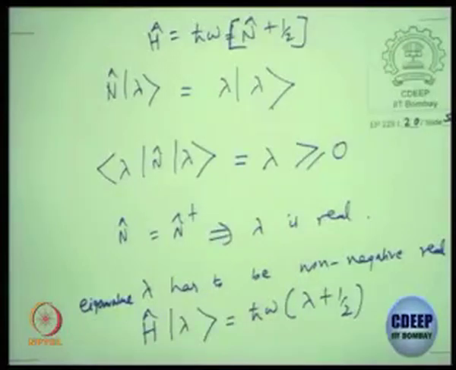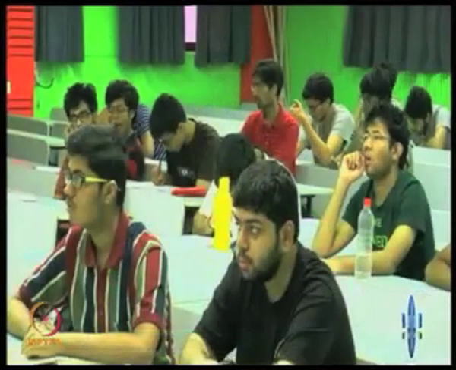We need to figure out why lambda has to be an integer. Is that correct? I have not still proved for you that lambda is an integer. I only said from this algebra, introducing the ladder operators, that lambda has to be non-negative and real. That's all I have said. We need to still prove that lambda is an integer. We will do that.